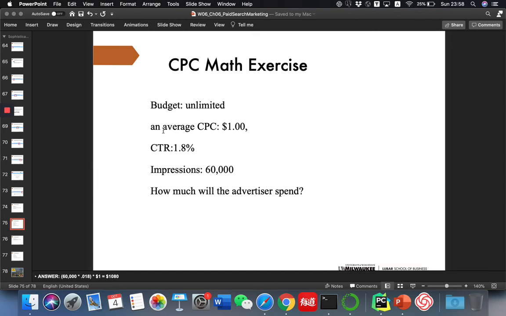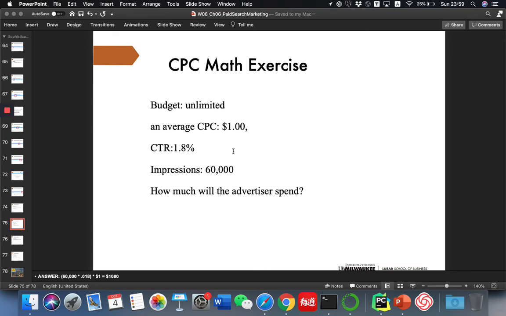And in the end, with the average CPC $1 per click, we combine this information. We use the CPC information, $1 per click, and the number of clicks got from the CTR and the number of impressions.